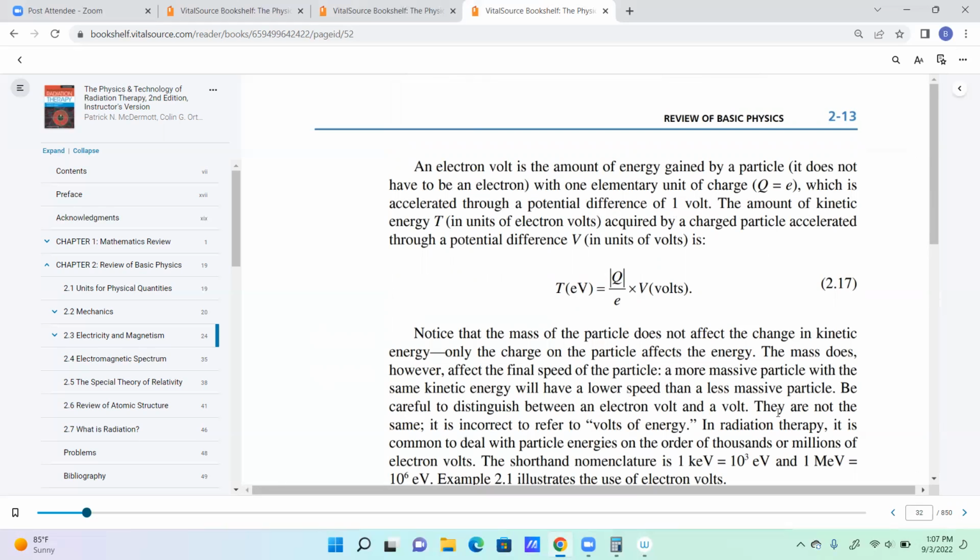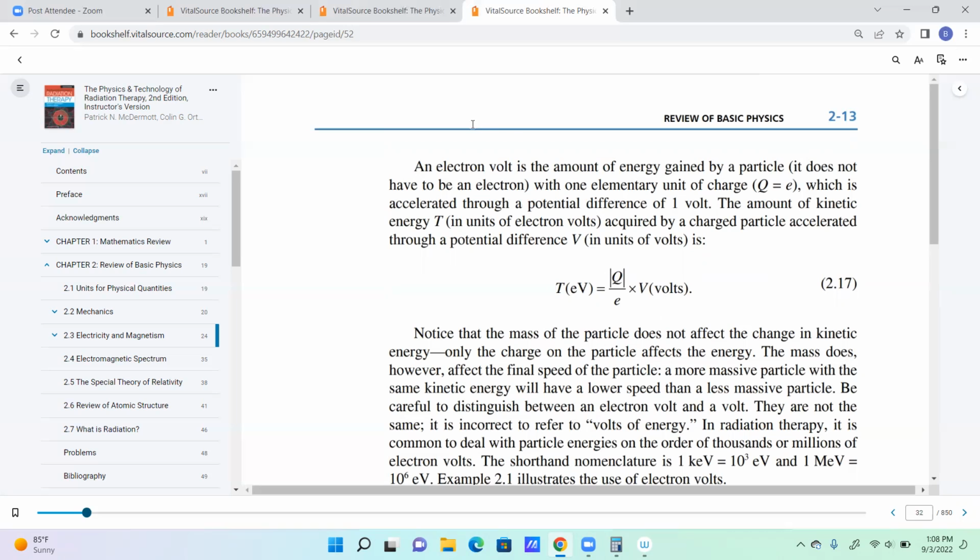We're accelerating something through a certain voltage, so we need to know what the charge is. If we're putting something in electron volts, essentially we're going to take the charge and multiply it by the number of volts.